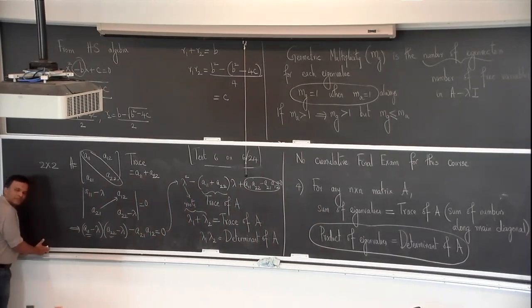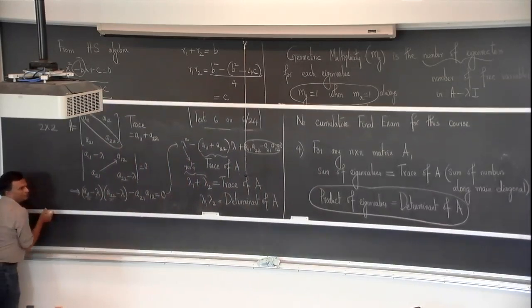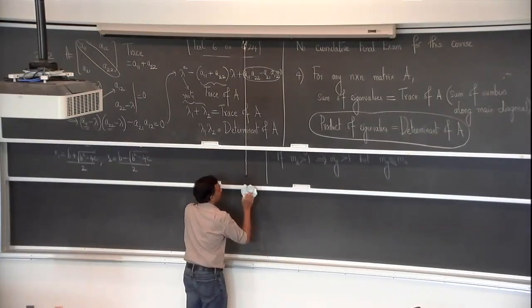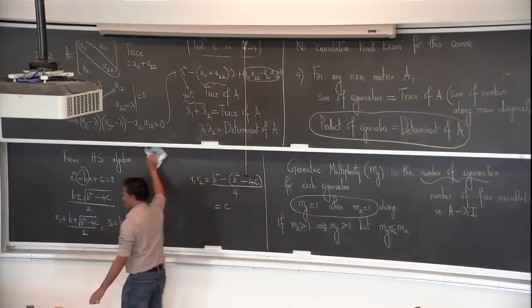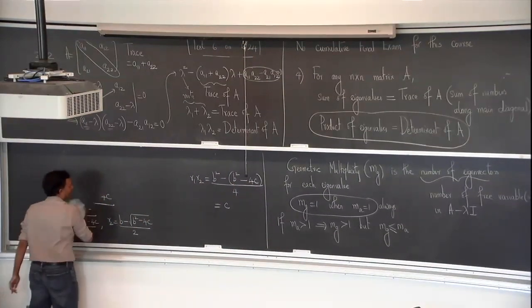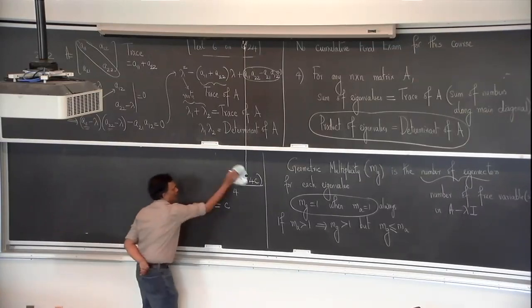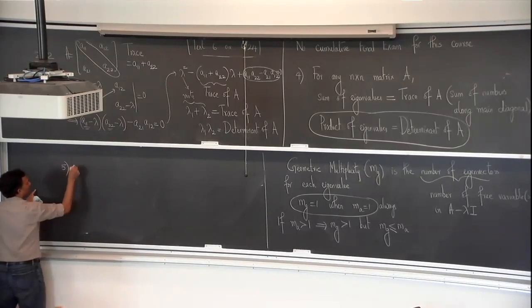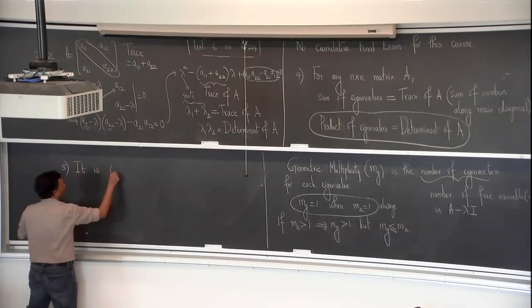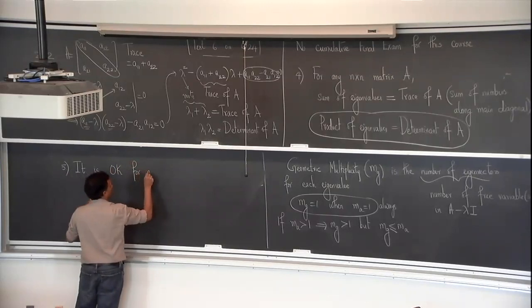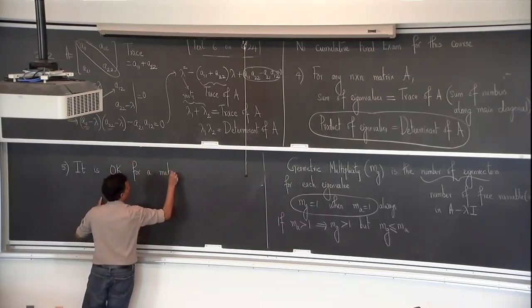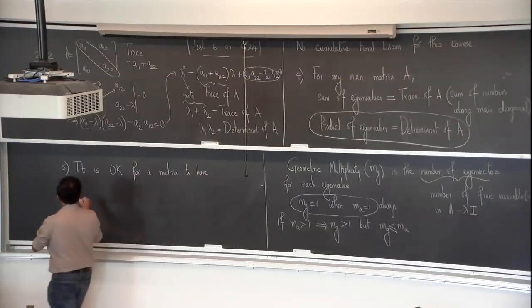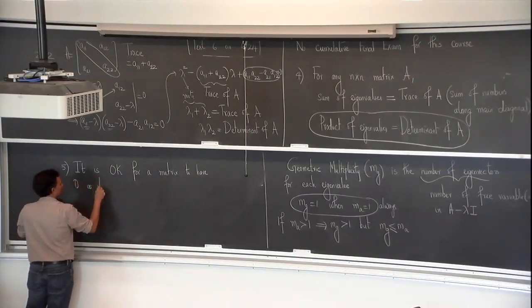Now let's play some games with that statement. I can erase this because I used this result there. Statement number 5. It is okay for a matrix to have 0 as its eigenvalue.